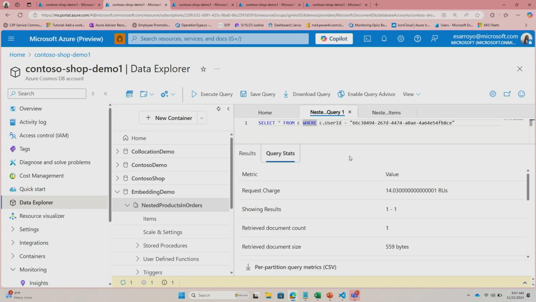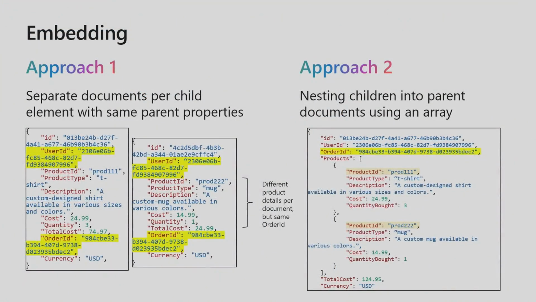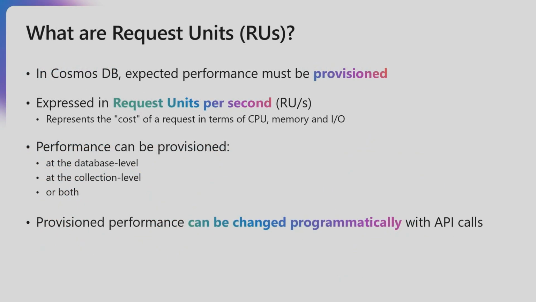Awesome. And I see you just went to the query stats page. The request charge is 14 RUs. What is an RU? Yeah, that's a really good question that a lot of folks on Cosmos DB have. An RU on Cosmos DB, for any operation that you do, whether that's a write or a read or a query, it costs you a request unit.